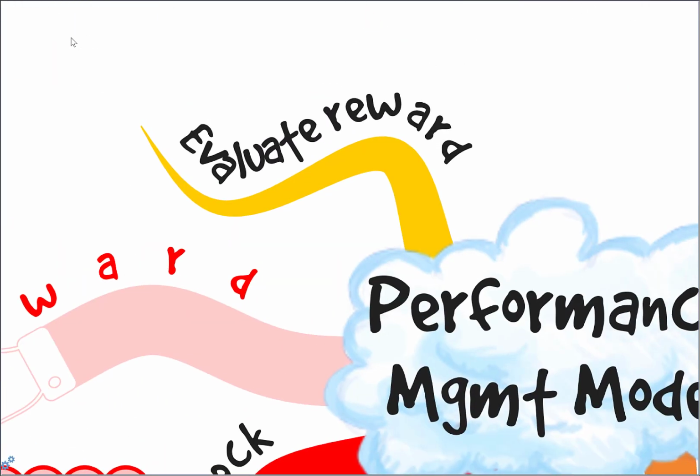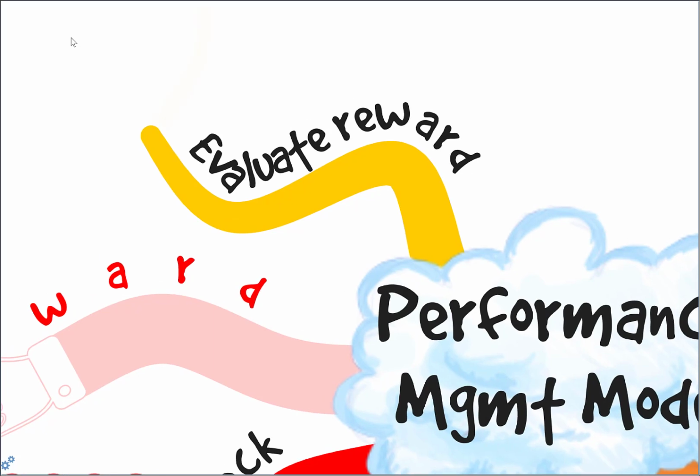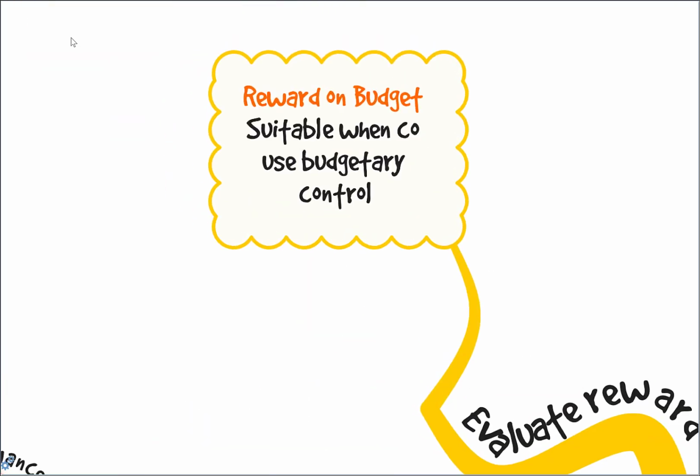Now, moving on to our reward chapter. There is a possibility that students may be asked to evaluate different forms of reward. Over here, I have some examples. The first one is, what if a reward is on achievement of budget? A reward on achievement of budget is only suitable when the company uses budgetary control.